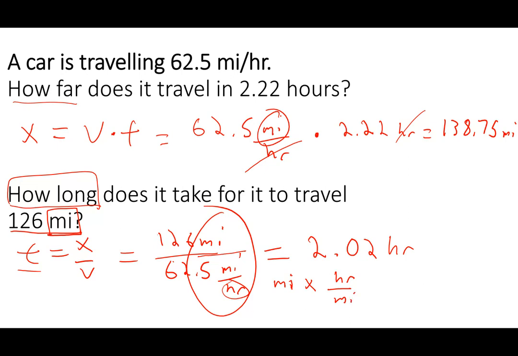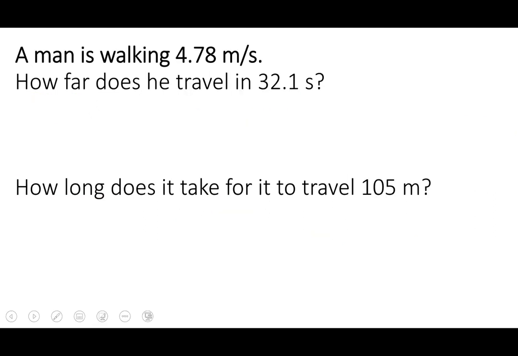Let me say that one more time. If I divide by miles per hour, I can flip miles and hours around by changing the division symbol to a multiplication symbol. And when I have miles on top and miles on the bottom, hours is my final unit. Multiplying allows me to cancel out these units.